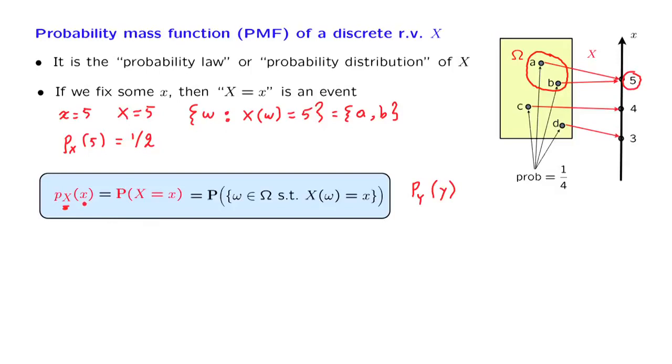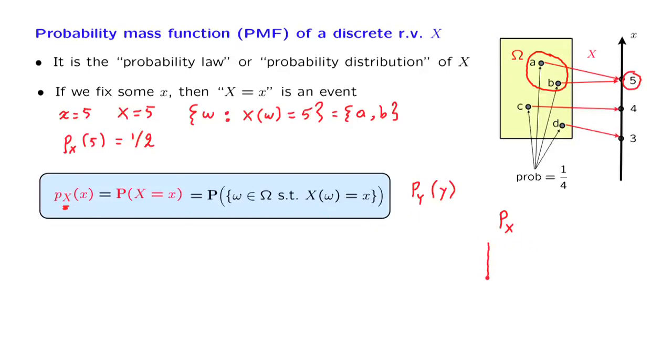The argument of the PMF, which is little x, ranges over the possible values of the random variable capital X. So in this sense, we're really dealing with a function that we could denote just by p with a subscript x. This is the function, as opposed to the specific values of this function.